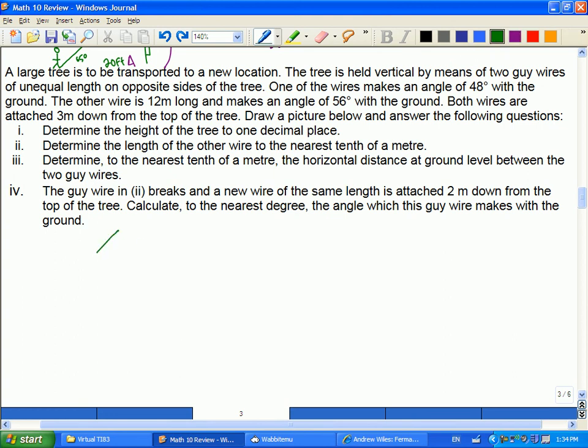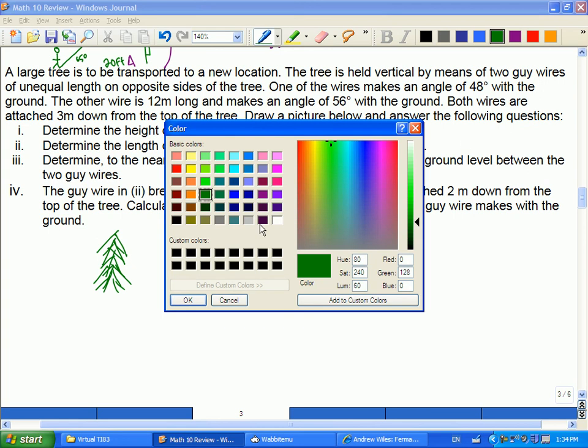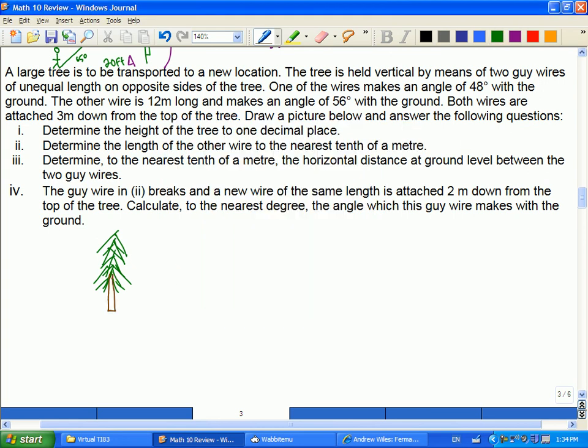Since trees are, well, I guess they're not all green, but I don't know if I have brown. Anyways, so there's 2 guy wires.